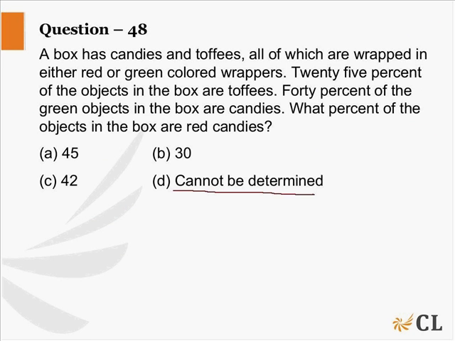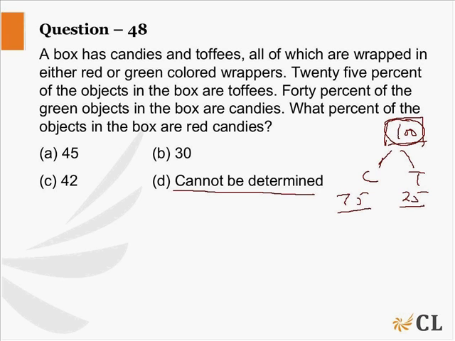Yes, but let's see. A box has candies and toffees. Okay, so there is a box in which we have candies and toffees, right? And they are in either red or green wrappers. 25% of the box are toffees. So if there are, let's say, 100 items, I can say 25 are toffees and 75 are candies.